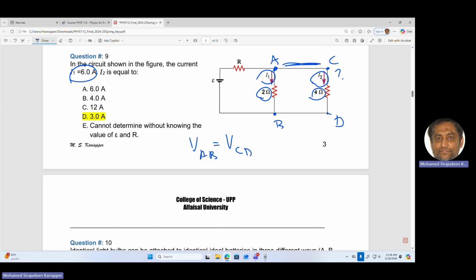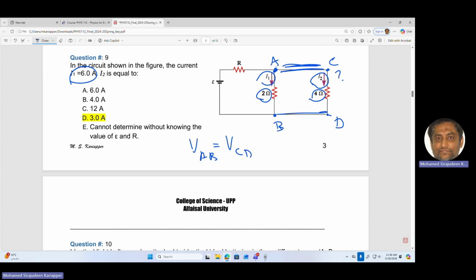Practically it is not so, but we can imagine that between A and C is a superconducting wire, so we ignore the resistance of these wires. So from A to C there's no potential drop, so the potential at A is equal to the potential at C. Similarly B and D. That means the potential difference across A and B is equal to the potential difference across C and D.